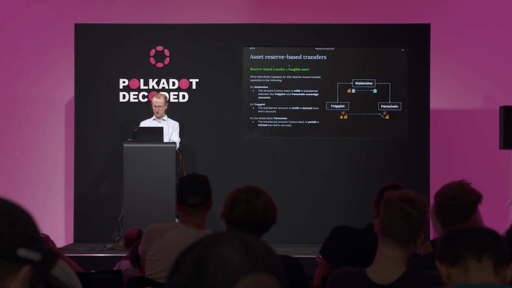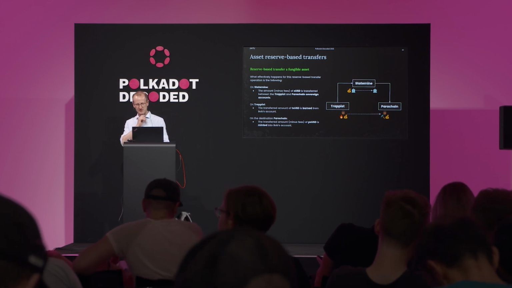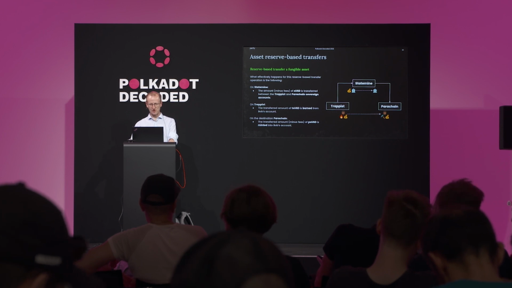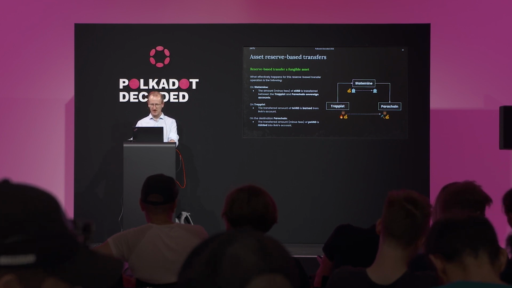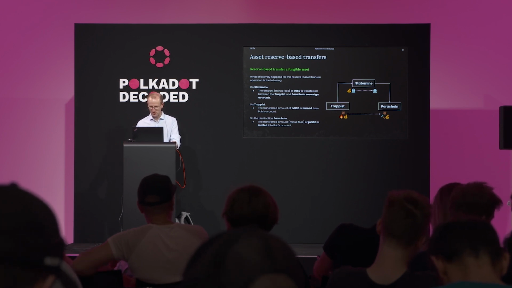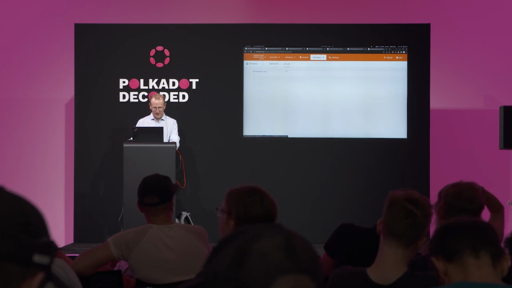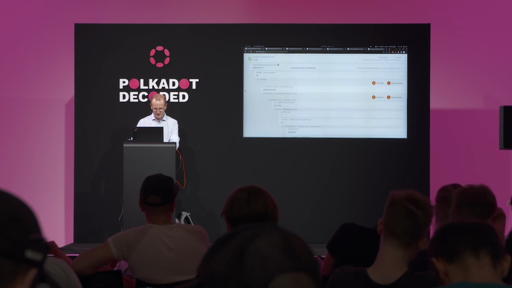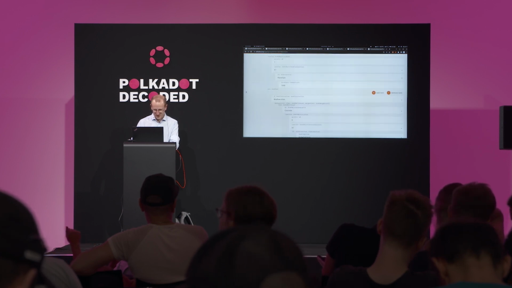So I'm showing you the diagram again. I'm starting from the parachain Trappist, and we will send some amount using a reserve-based transfer operation with StateMine as the asset reserve. So I will decode my prepared operation.